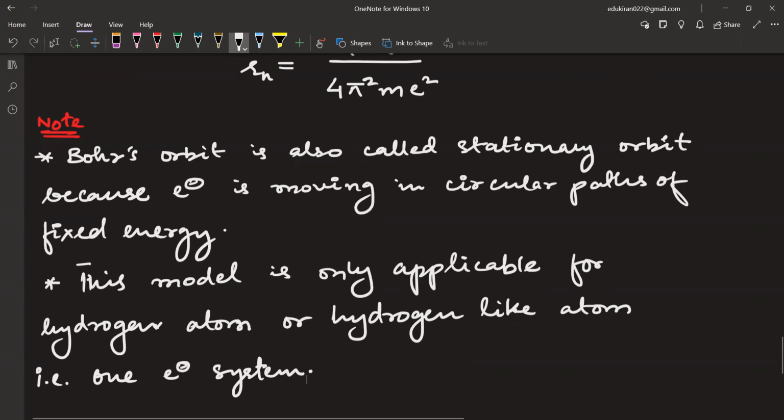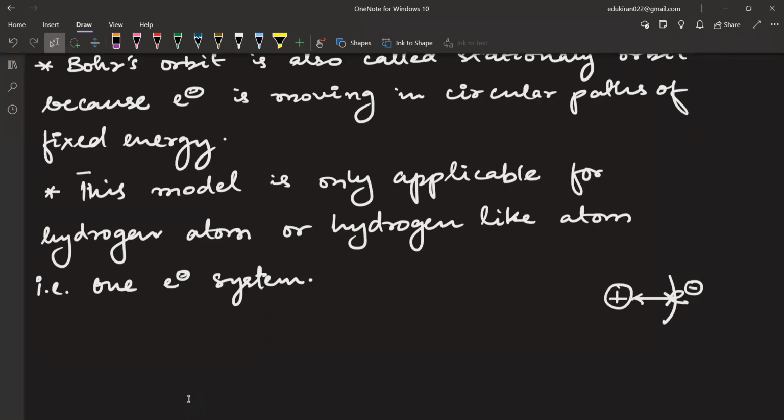Because if I have one electron, then I have to deal with only one force of attraction, the positive charge and negative charge attracting each other. That is the only force I have to deal with. But as soon as I increase the number of electrons, these two electrons will have some repulsion. Mathematically treating the repulsion of electrons is very difficult, and that is why this Bohr model is only applicable for hydrogen atom.